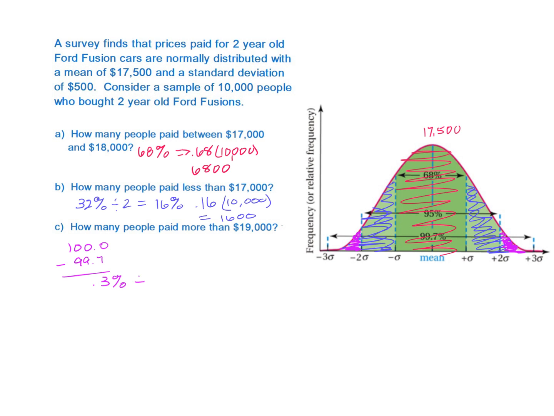But again, I only want half of that because I only want the upper half. So that's going to give me 0.15%. And that's 0.0015 as a decimal. If I multiply that by 10,000, I will get 15 people who had the misfortune of paying more than $19,000 for their 2-year-old Ford Fusion.